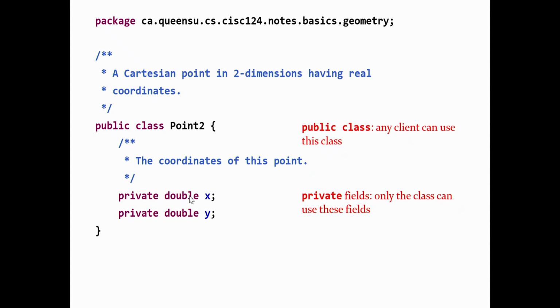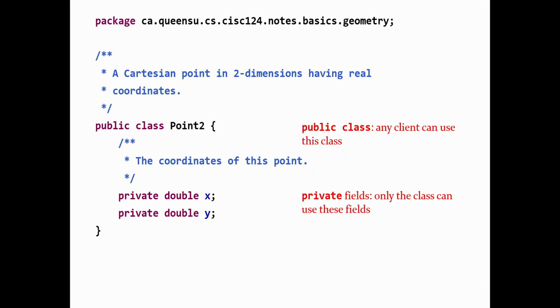When a variable or a field has an access modifier, the access modifier determines which classes can see this field. A private field means that only the Point2 class can see this field. So only Point2 and Point2 objects can see the fields x and y.